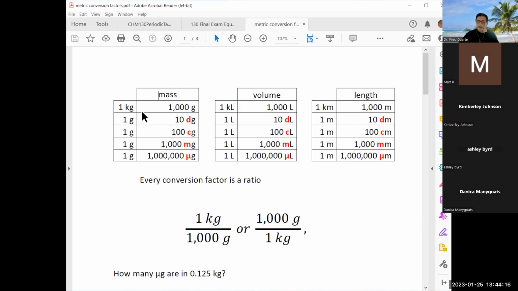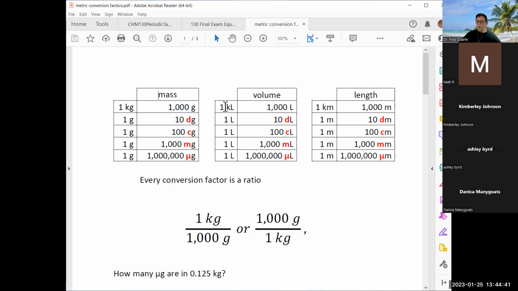Now, the prefix k, as in kilograms, is always 1,000 times more than the base unit you're working with. So 1 kg is telling us that there are 1,000 smaller grams in 1 kilogram.